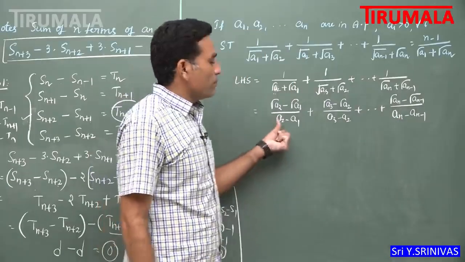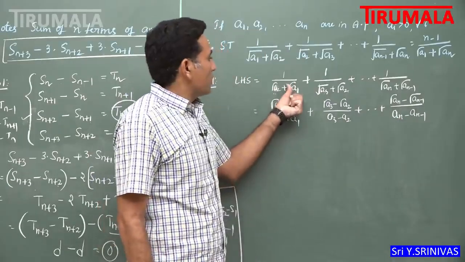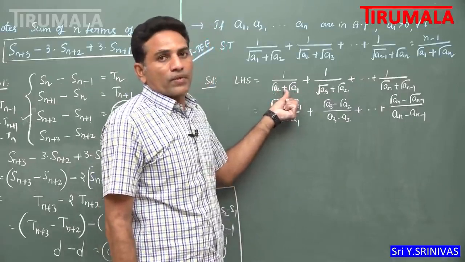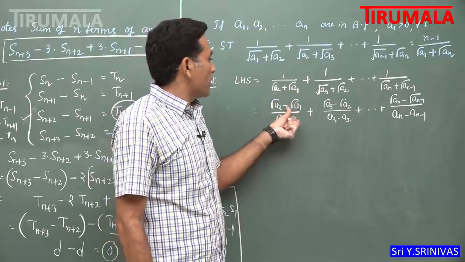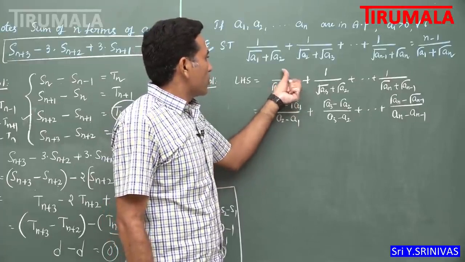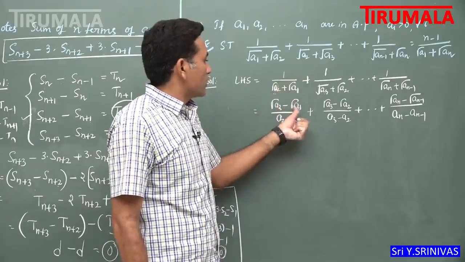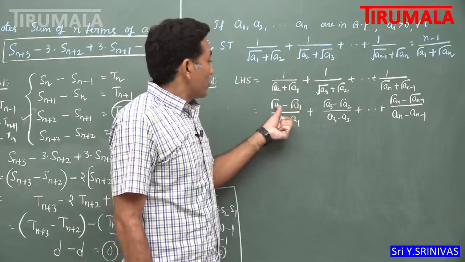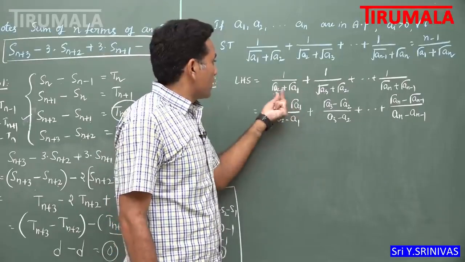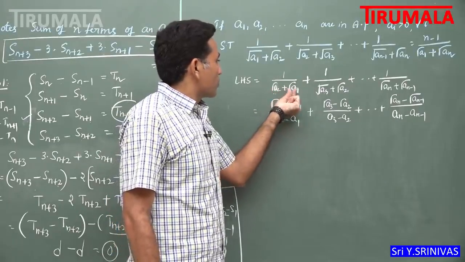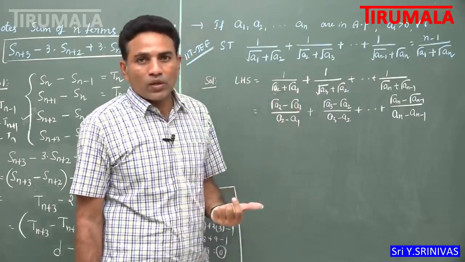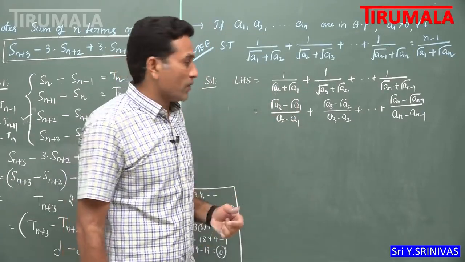Once again, what is the first step? Multiply and divide with its conjugate. What is its conjugate? Root a2 minus root a1. Root a2 plus root a1 into root a2 minus root a1 is a2 minus a1.